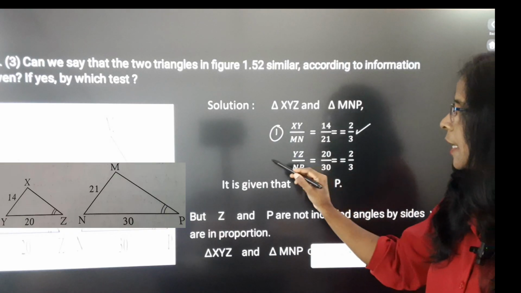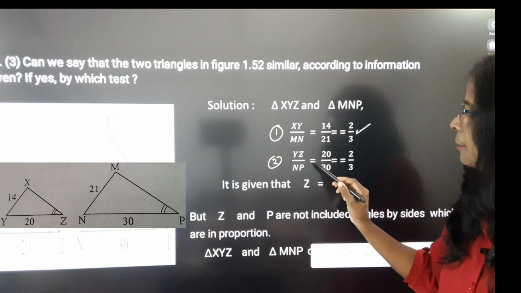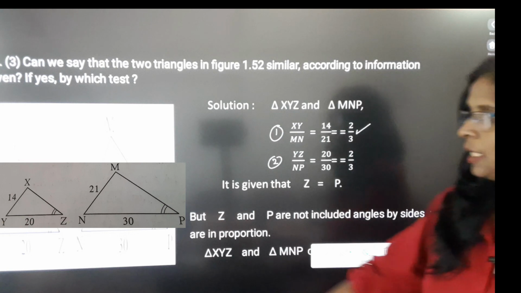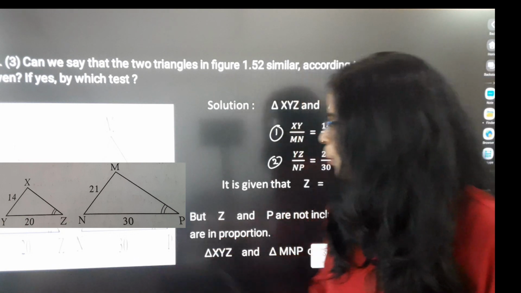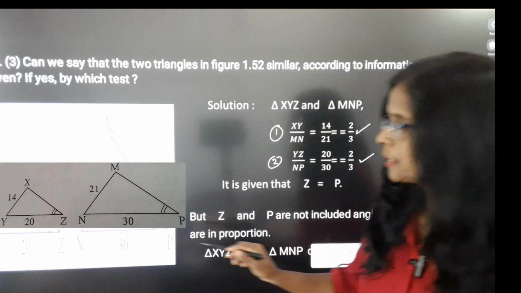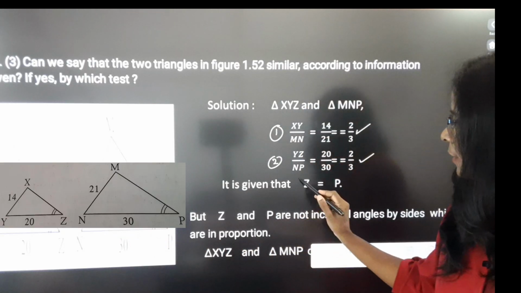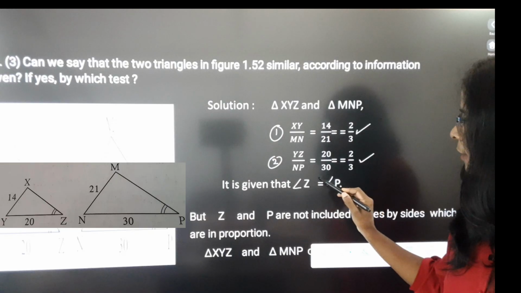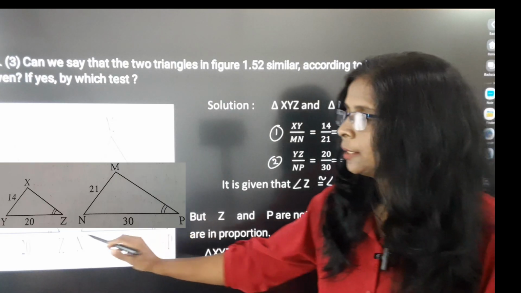Second, YZ upon NP is equal to 20 upon 30, which is also 2 upon 3, and it is given that angle Z is congruent to angle P because of their marking.